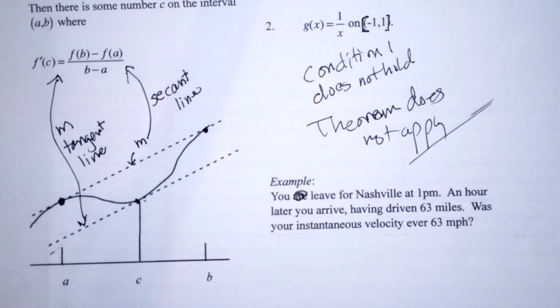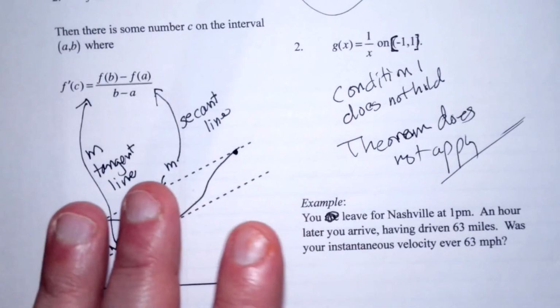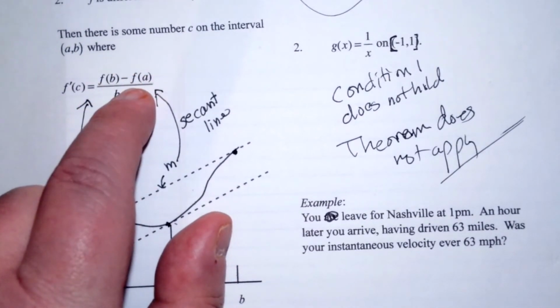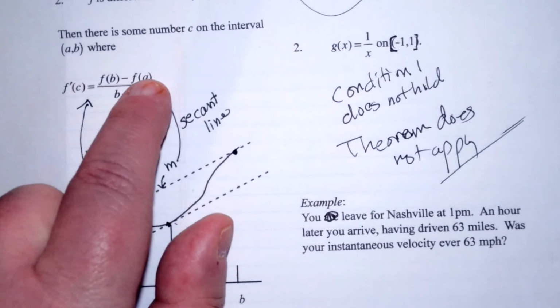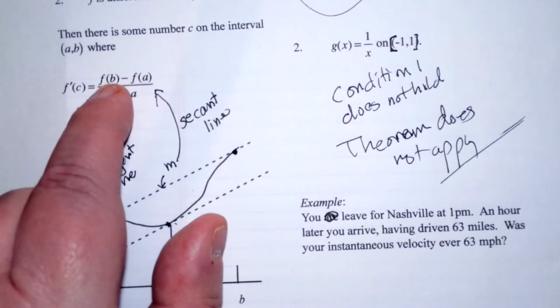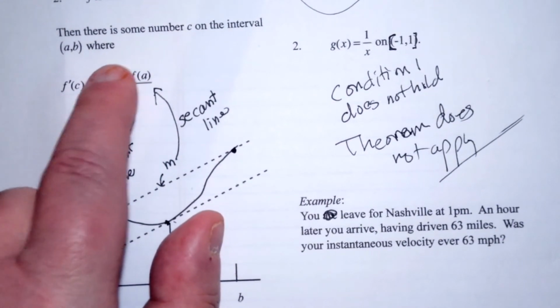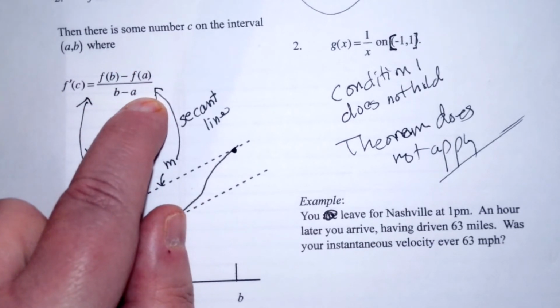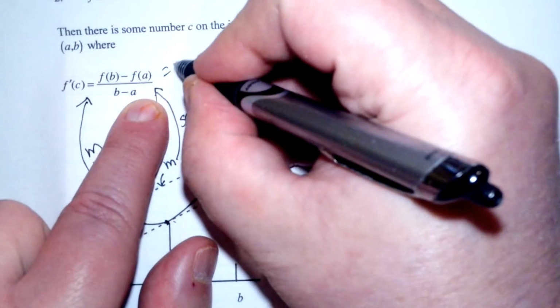And how do you find the instantaneous velocity? Well, you look down at the speedometer. Are you guaranteed that the instantaneous velocity was ever 63 miles per hour? Well, if you think of f as the position function, and b is 1 and a is 0, then the right side of this equation is the average velocity, and so that's 63.